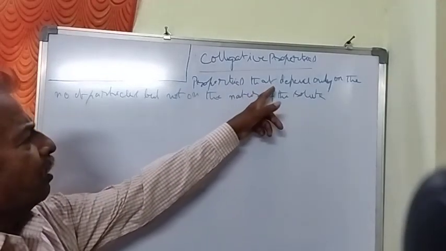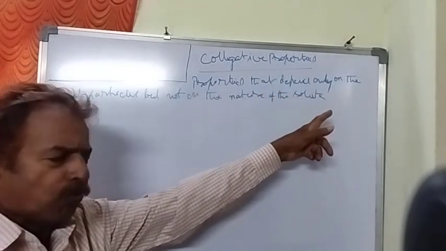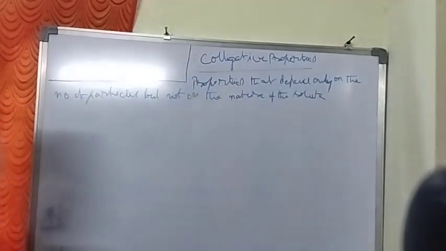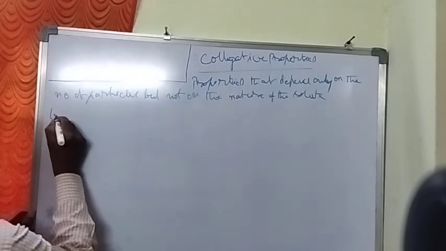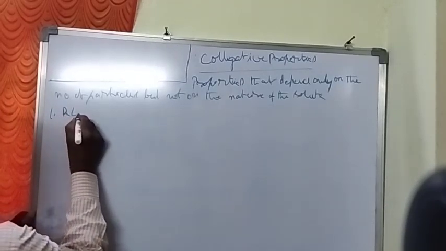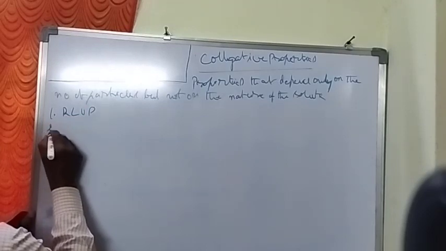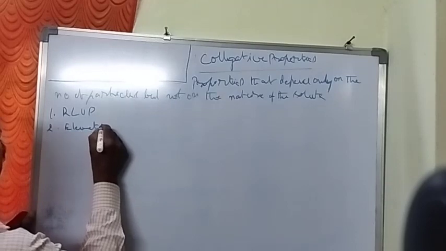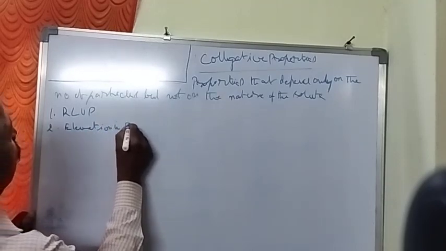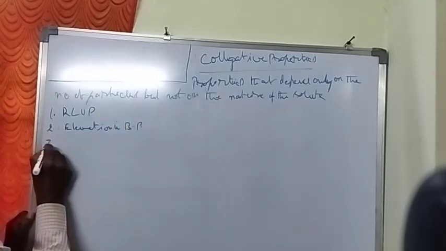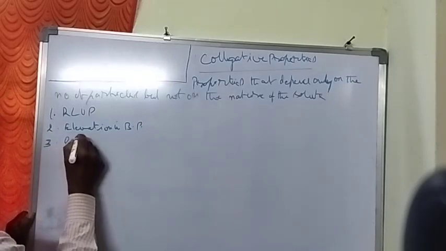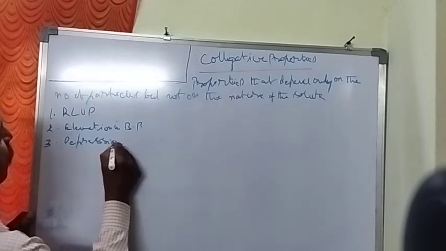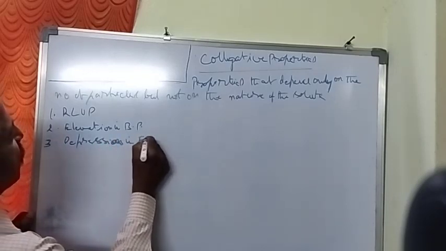Colligative properties are those properties which depend only on the number of particles of the solute but not on the nature of the solute. Number one, relative lowering of vapor pressure, RLVP. Second, elevation in boiling point. Third, depression in freezing point.